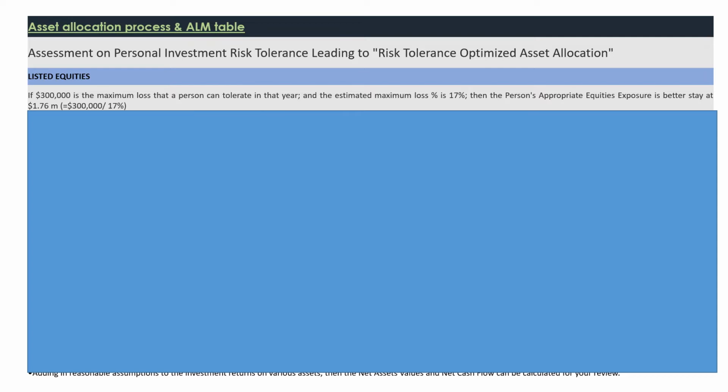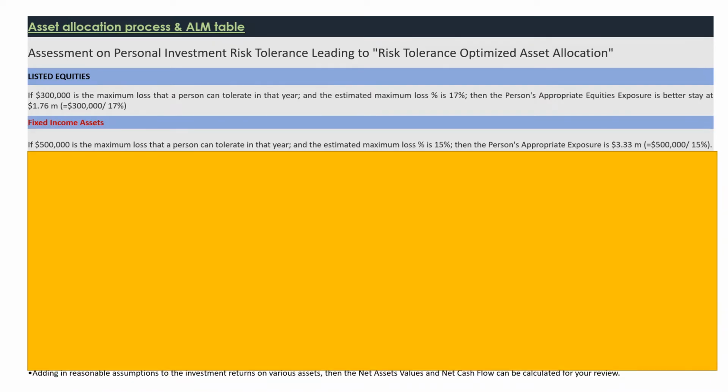So when you work back to the total market value, $300,000 over 17% becomes $1.76 million. It should be around that number. You will feel more comfortable because this is the risk that you could take by your own recognition.